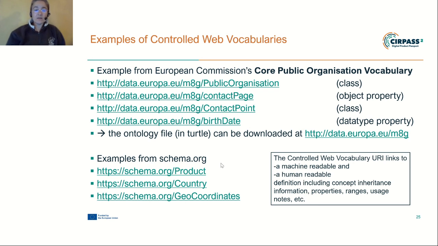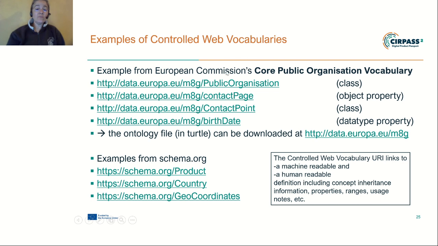Each one of these vocabulary terms links to both a machine readable and a human readable presentation of the definition that I need, but it will also include the concept inheritance information that structures the different concepts, and also the properties of each concept. It's the ranges authorized for each property, usage notes, and all sorts of things.